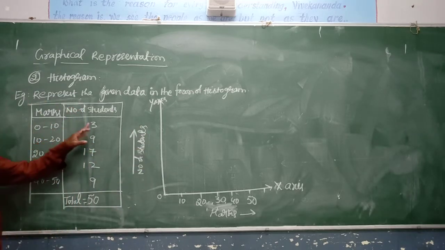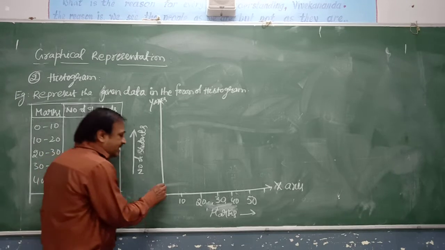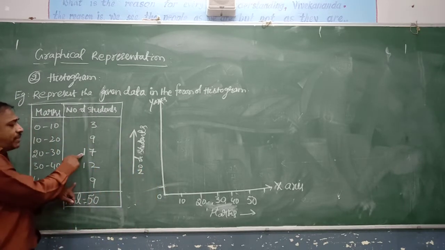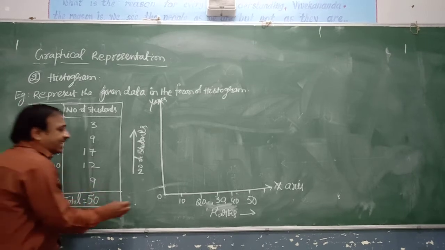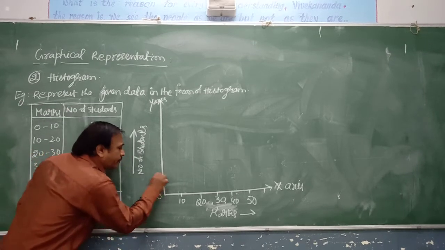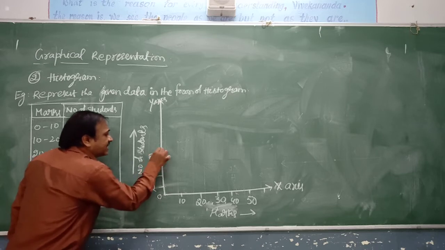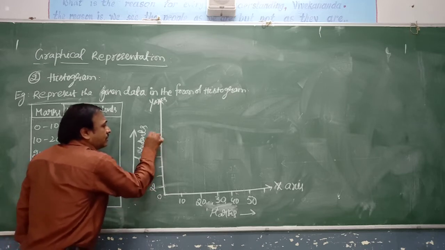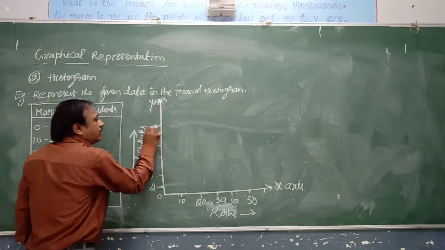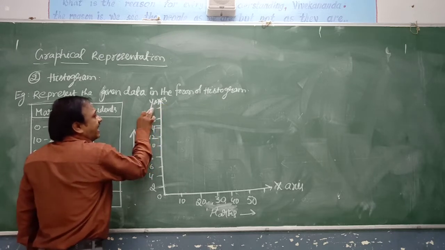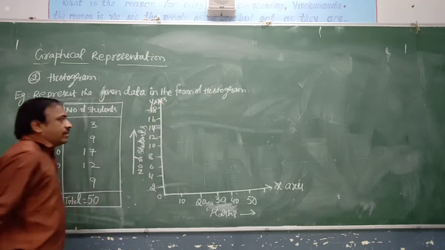0 to 10, 3 students. Now you have to select the scale. The maximum highest number is 70, so I take 2, 4, 6, 8, 10, 12, 14, 16, and this is 18.